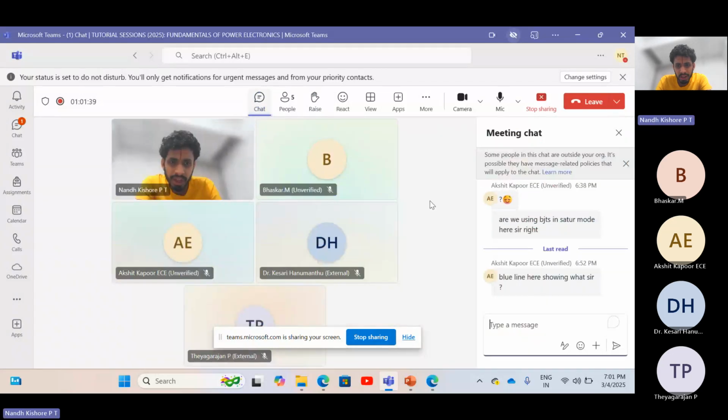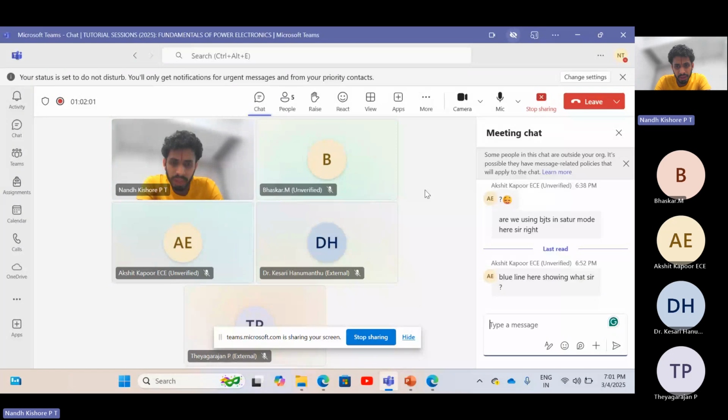So in a foldback current limiting circuit, what is the short circuit current limit? Can it be lesser than the load current or higher than the load current, or what? Based on the lecture slides itself, I think it is very obvious.